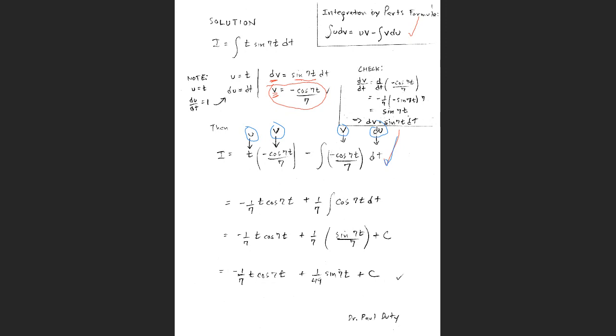Professor? Yes, Claire? So for the dv, it's sine of 7t dt, and we have to find the antiderivative. But isn't the antiderivative of sine minus cosine? So why do we also have the 7 down there? I don't get the 7.